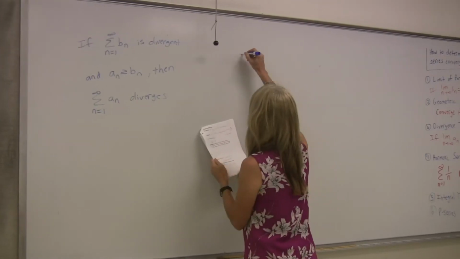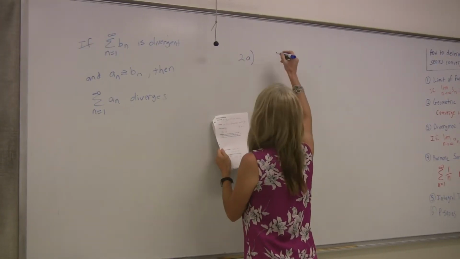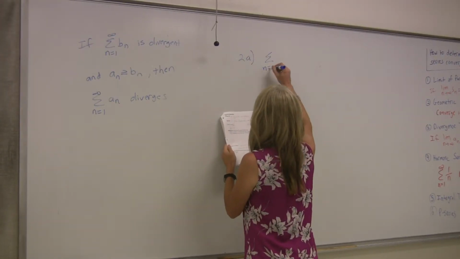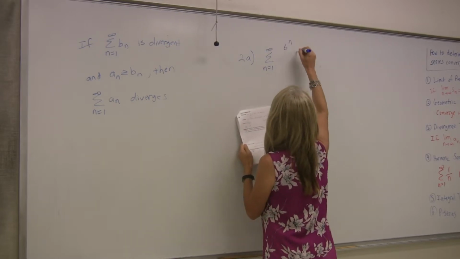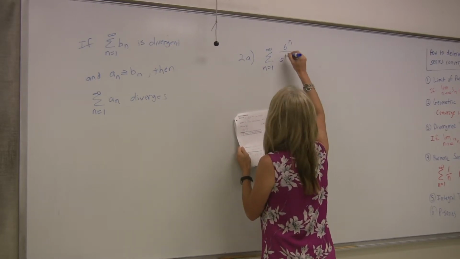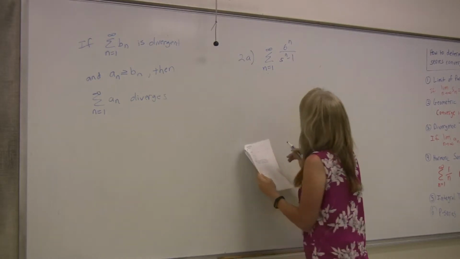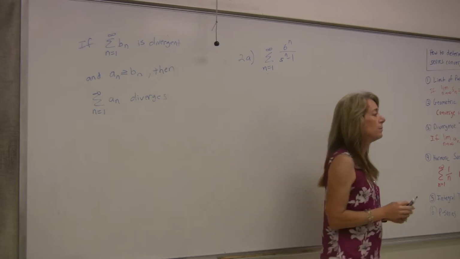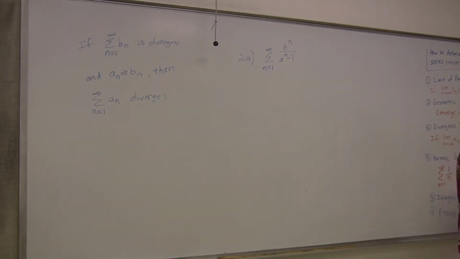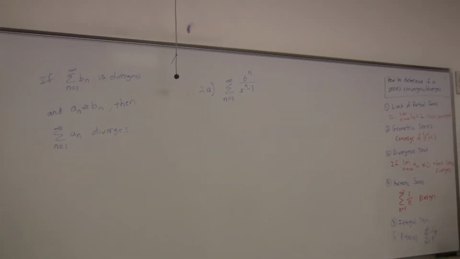This is example 2a. We want to know if this series converges or diverges: 6^n over 5^n minus 1.